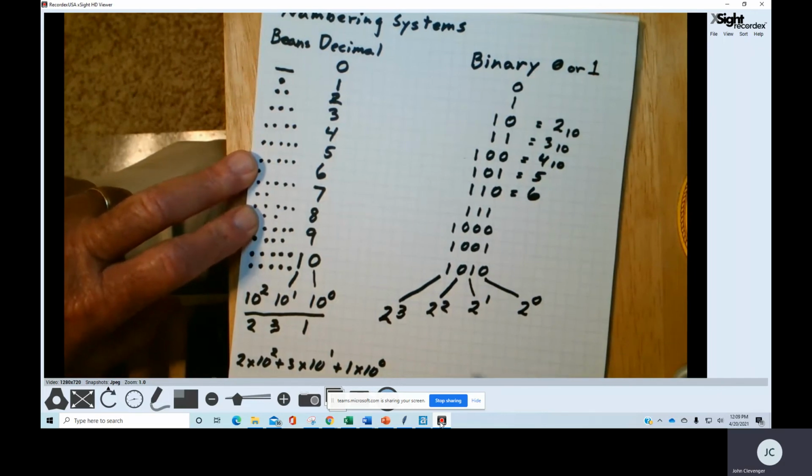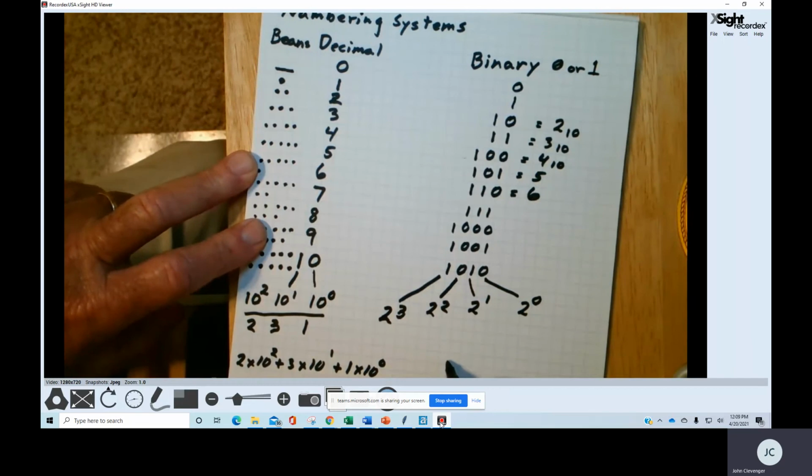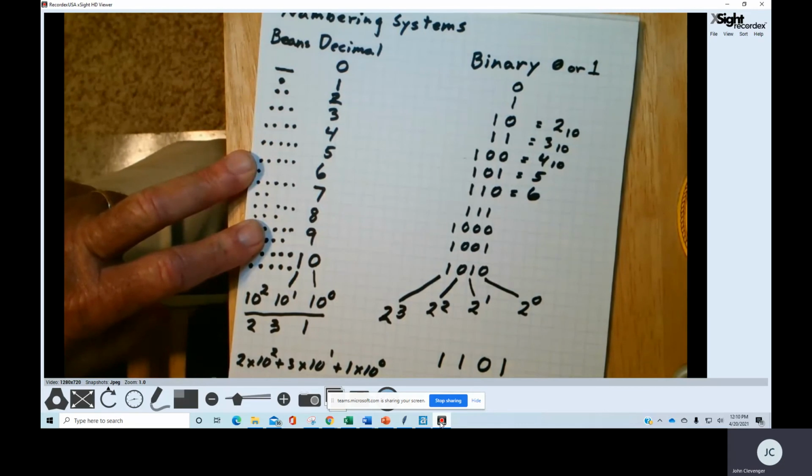For example, if we have this binary value of 1, 1, 0, 1, then this value would equal 1 times 2 to the third plus 1 times 2 to the second plus 0 times 2 to the first plus 1 times 2 to the 0, which would equal in decimal 13.